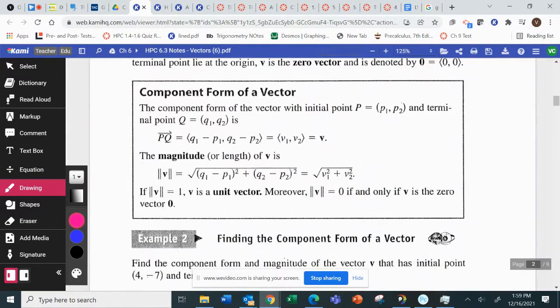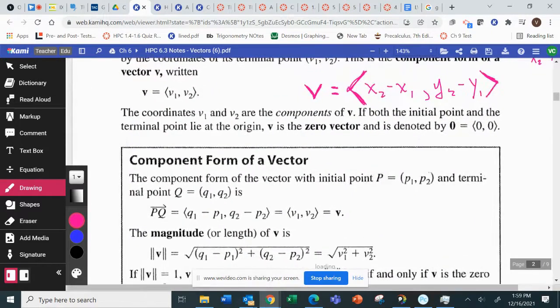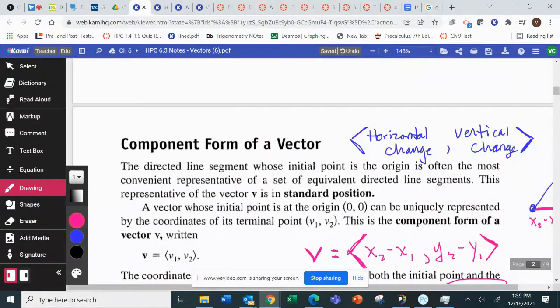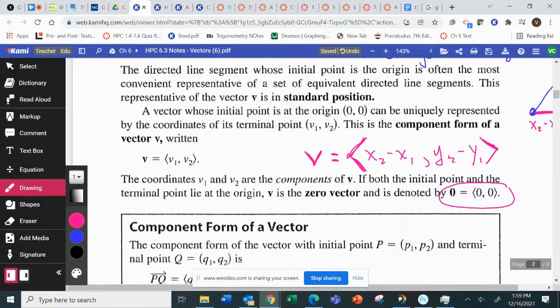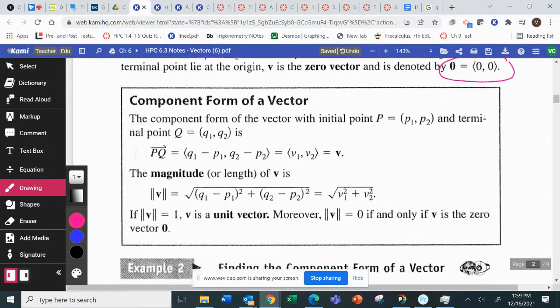There is something called a 0 vector, which is denoted by 0, 0. That would mean it has no direction and no length, so nothing's really happening. And then there is a, is it down? Where is the other one? Oh, maybe it's lower. Oh, here it is.